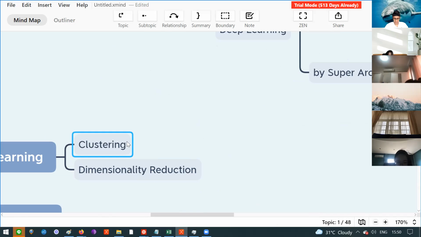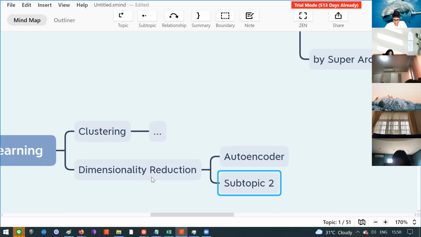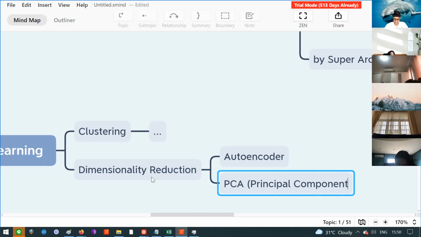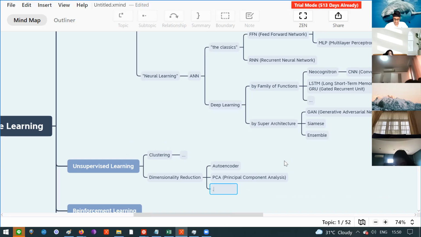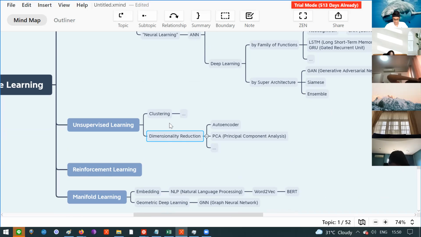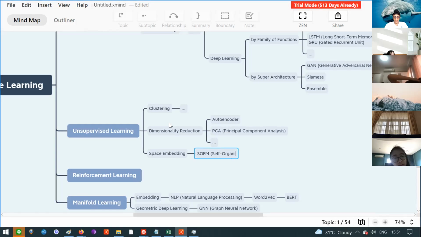Okay, and then this, you get encoder. Okay, something like that.